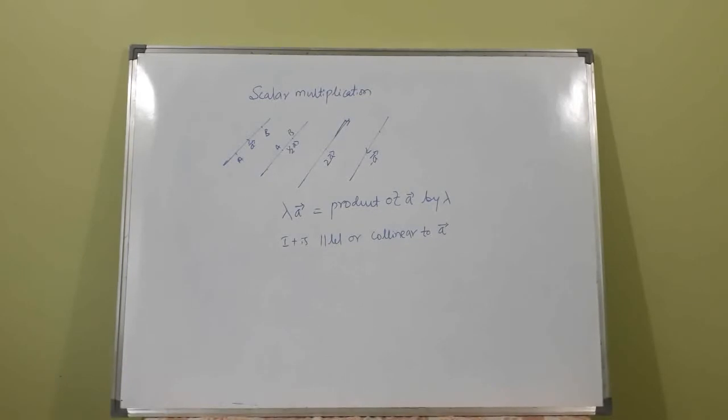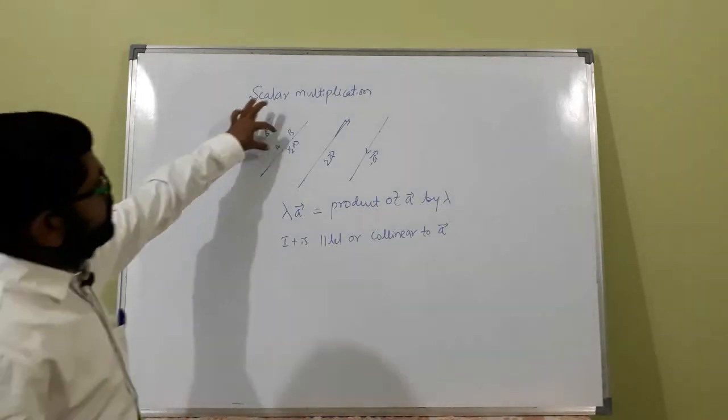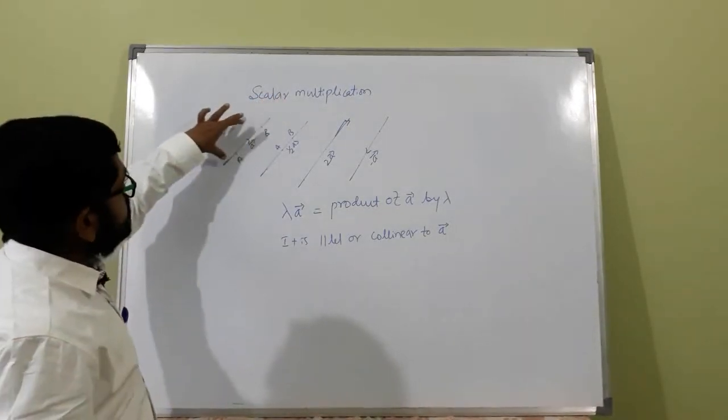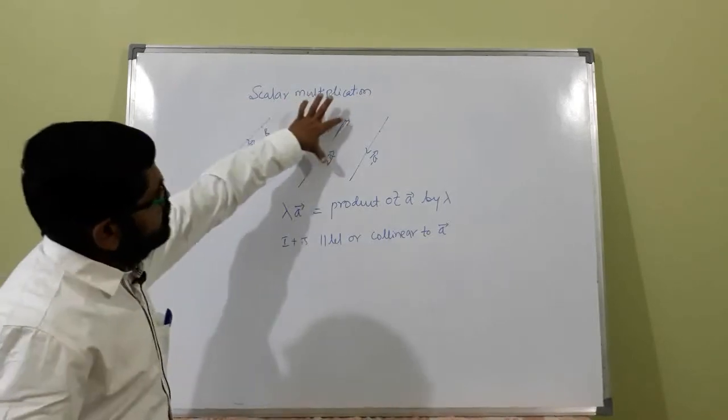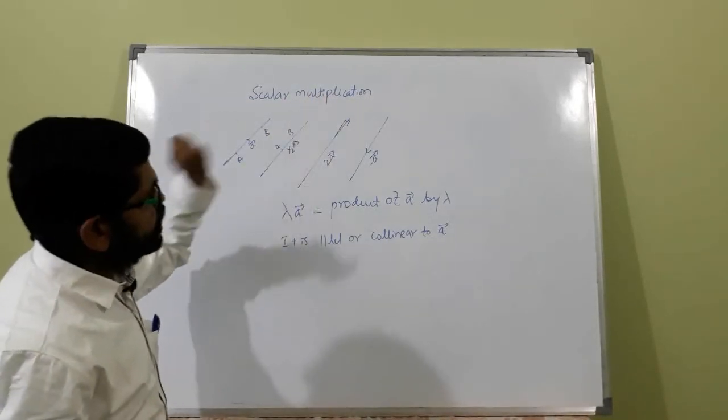Scalar multiplication. Suppose AB is a vector A. Then if you multiply that vector by half, it reduces its magnitude by half. This is half A. Suppose you multiply this by 2, this is 2A.